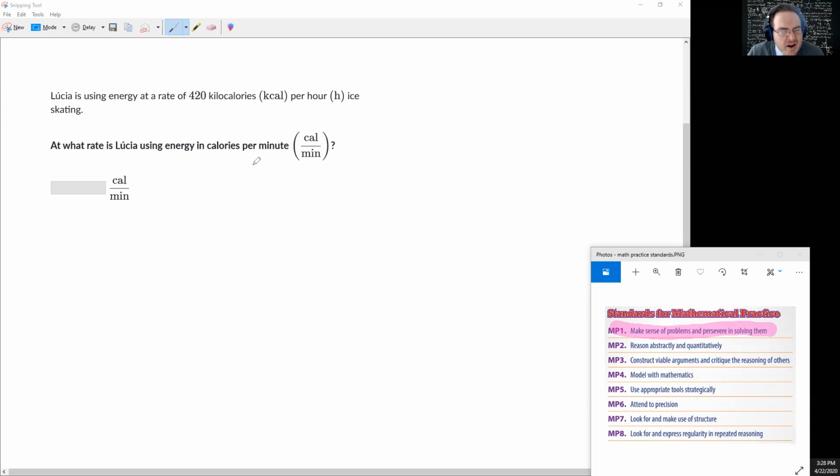Okay. There's a lot to unpack there because these units are really strange. So 420 kilocalories per hour, and we want it to be in calories per minute. Okay, well, the first thing I'm going to do is draw a line.